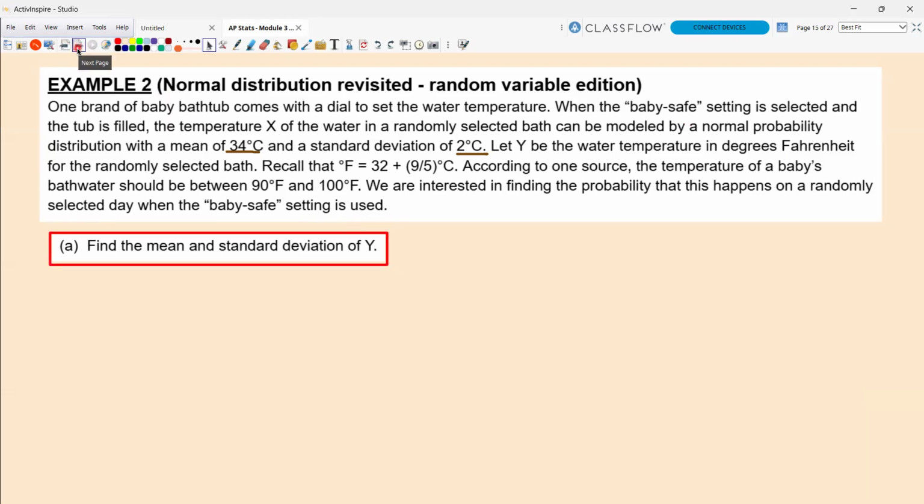Part A, find the mean and standard deviation of Y. Remember, Y is the water temperature in degrees Fahrenheit. So we're going to use this formula to help us solve it.